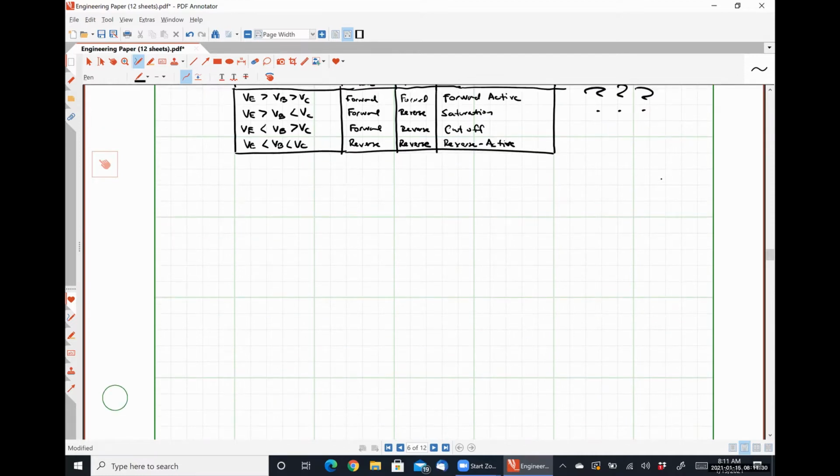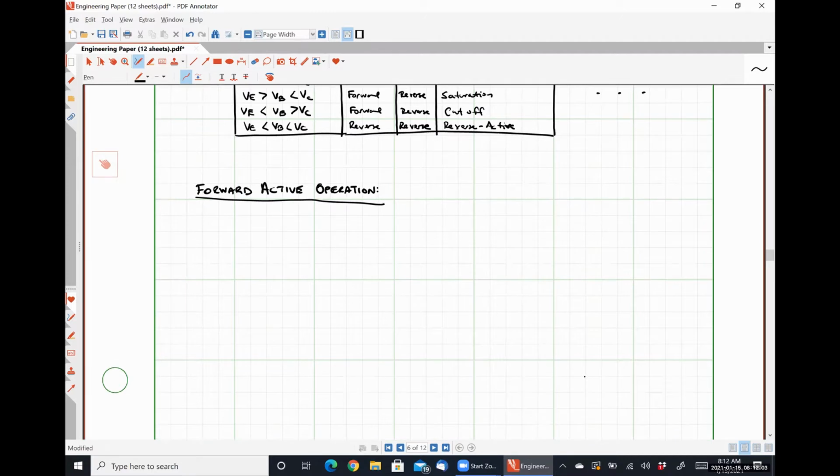So if we have a PNP transistor in the forward active region, let's talk about what's going on in the forward active region. Let's draw this in this way.